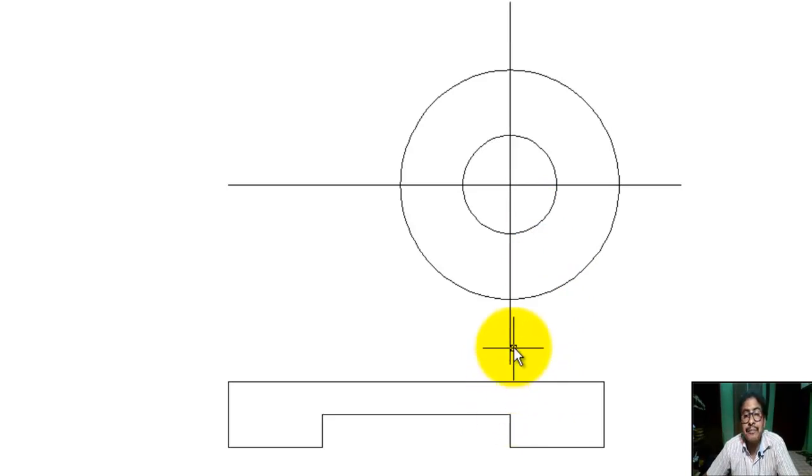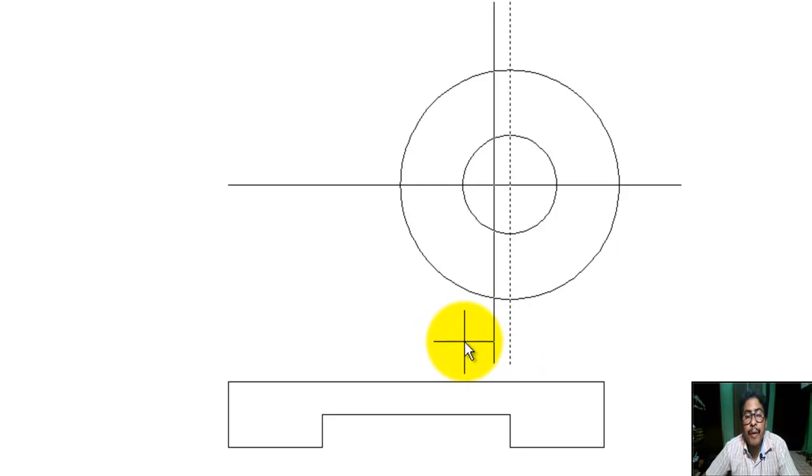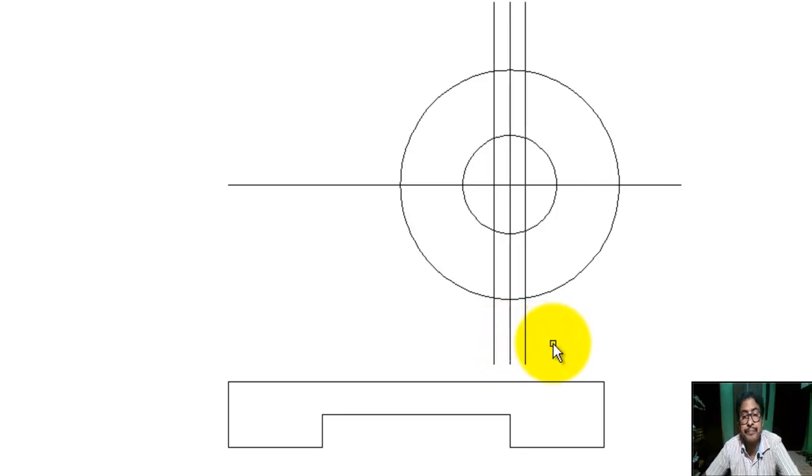we draw parallel line from this center line, in this side 5 millimeter, in this side 5 millimeter. Click on offset command, offset distance 5, select object to offset, specify point on side to offset, specify point on side to offset. Now extend this.